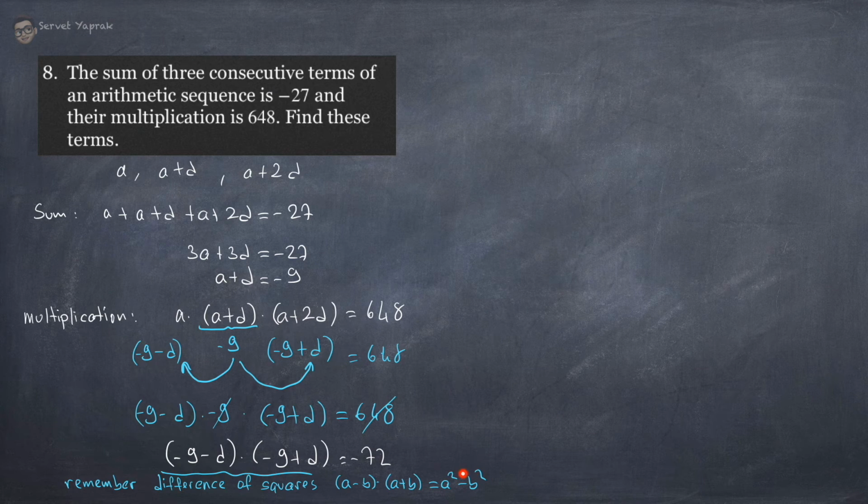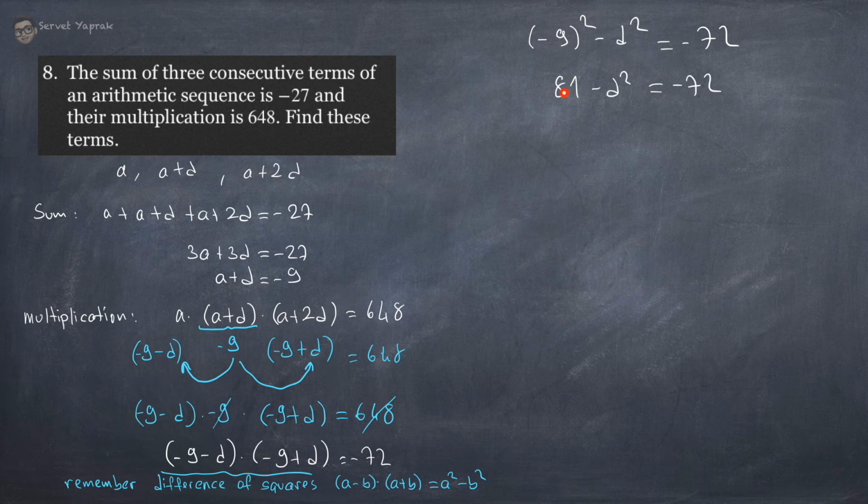Now we will use this identity to solve this equation. So if we write the equation again, this will be negative 9 squared minus d squared equals negative 72. Remember, we reached here from there by using this identity. Now, we have this equation and it is easier to solve.